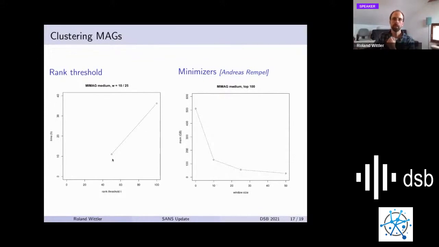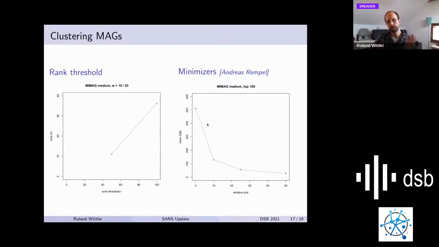And of course, if we consider fewer splits, we can decrease the runtime tremendously. Another way to improve here is the usage of minimizers. That's something that Andreas experimented with.